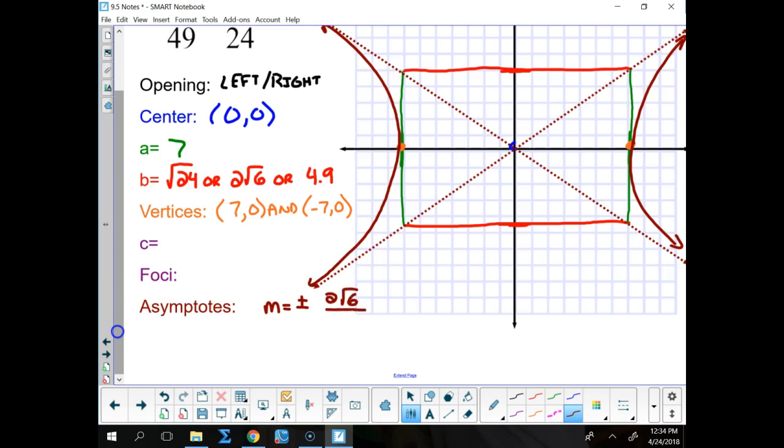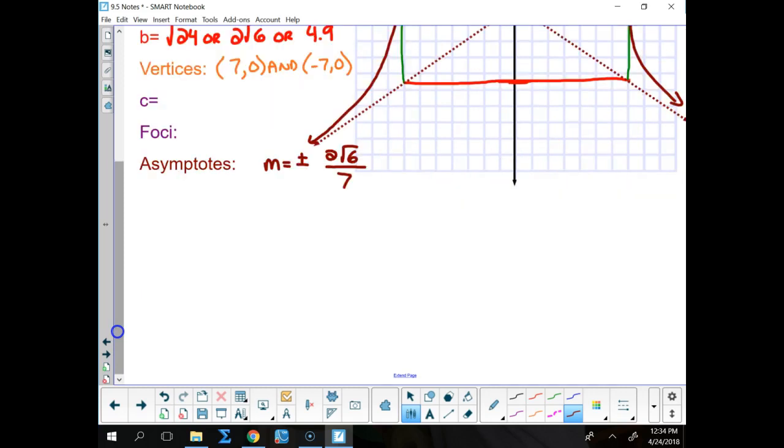What's A? 7. So that's the slope of my asymptotes. One of them is going to be 2 square roots of 6 divided by 7x plus 0. The other one's going to be negative 2 square roots of 6 divided by 7x plus 0.